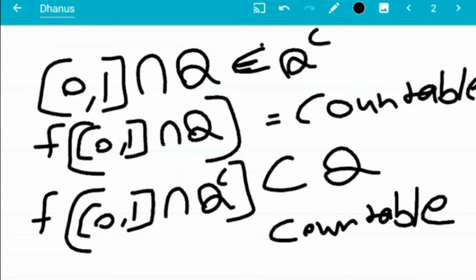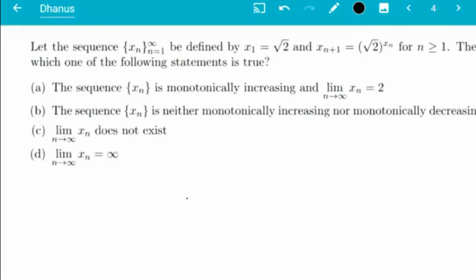Okay, next we can discuss the next question. These questions are from the TIFR 2019 question paper. Let the sequence xn be defined by x1 equal to root 2 and x(n+1) equal to root 2 raised to xn, that is, we take the power with the last element of the sequence, for n greater than or equal to 1.